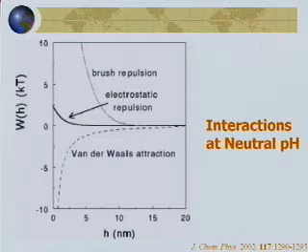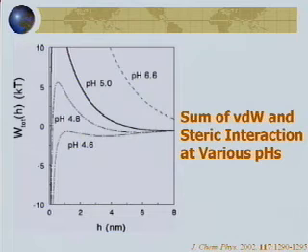And the authors thought electrostatic interaction is much smaller than steric interaction. So they just added steric interaction and van der Waals force together, and they calculated the net force. I believe the y-axis should be total interaction energy divided by kT, not times kT. So the authors calculated the total interaction at different pH values.